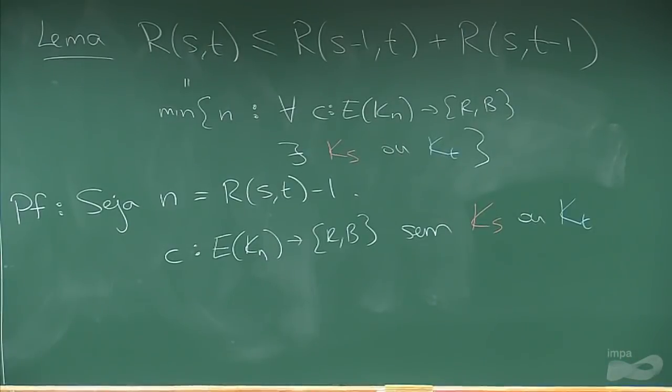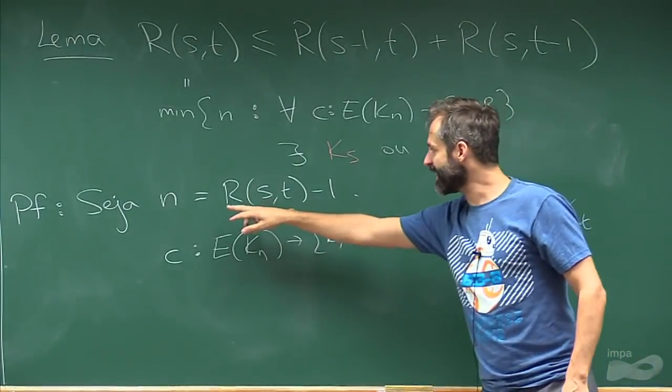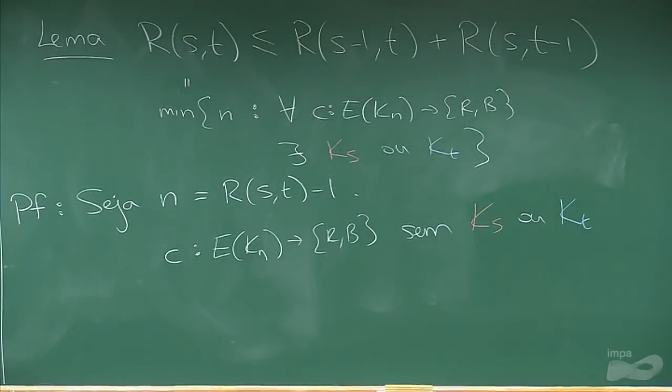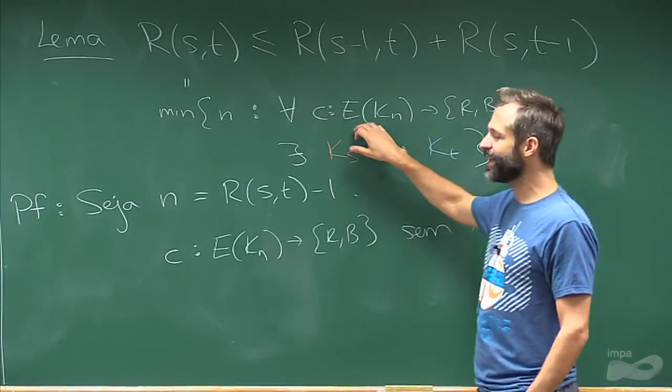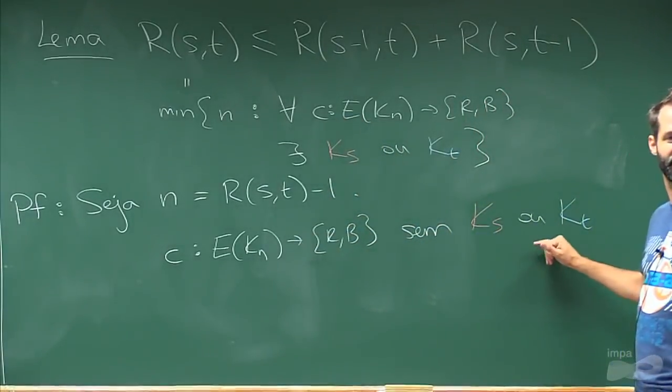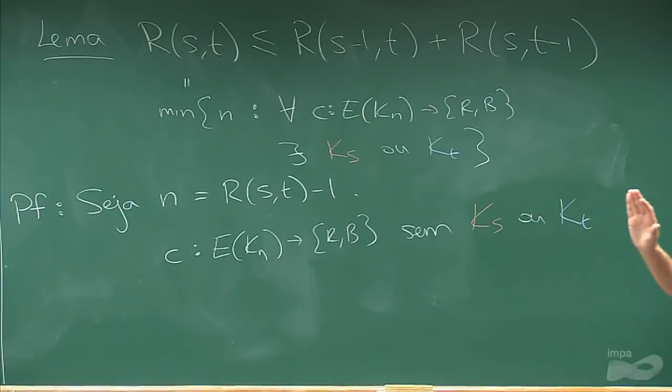We're trying to prove this recursion. We define n to be one smaller than this number because by the definition there must exist a colouring with this property. Is that okay?